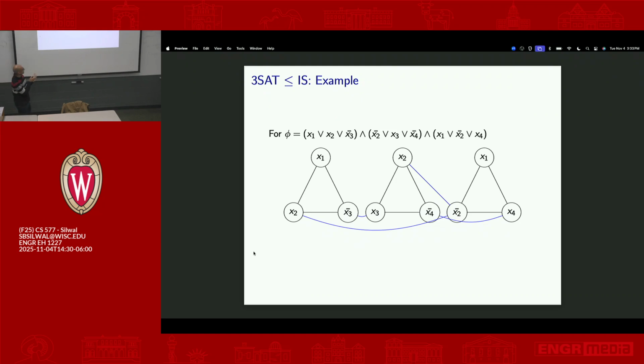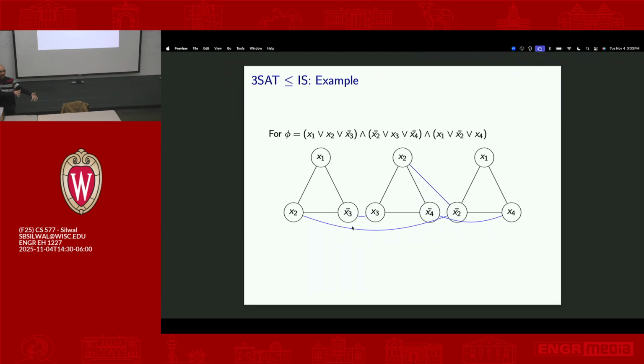Just to summarize what happened, I showed you that 3SAT is a special case of independent set because no matter what the 3SAT input is, I can convert it into a corresponding graph. And I asked the graph, does the graph have an independent set of size at least k, where k is the number of clauses?